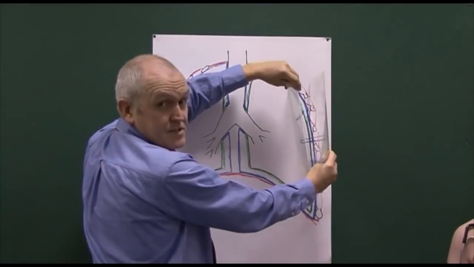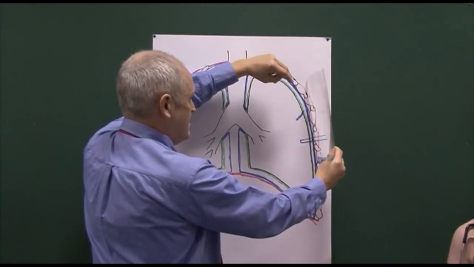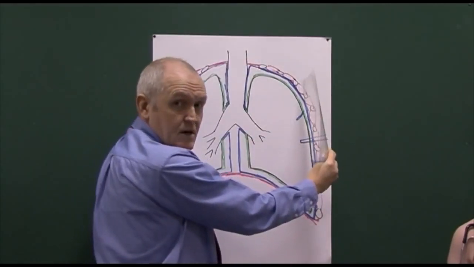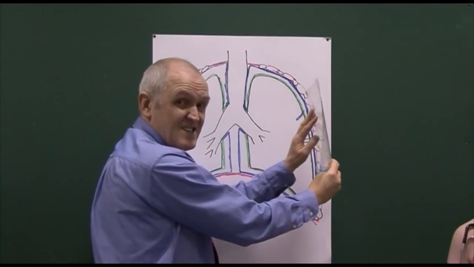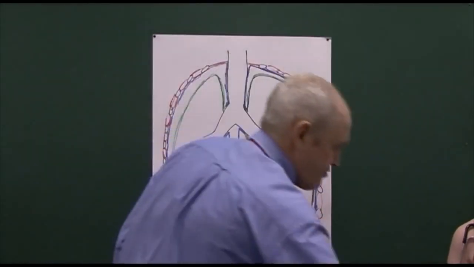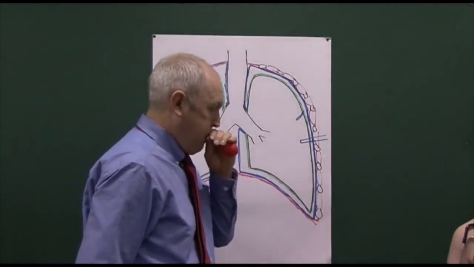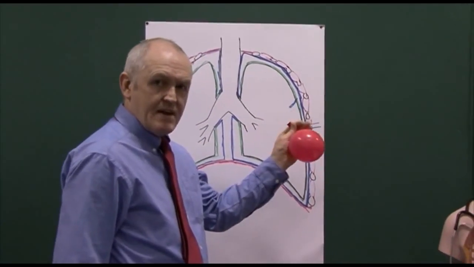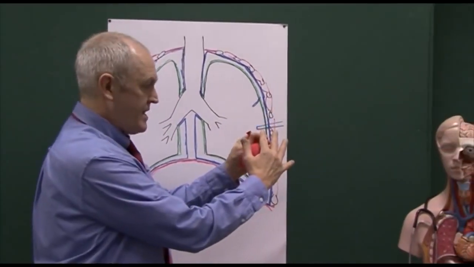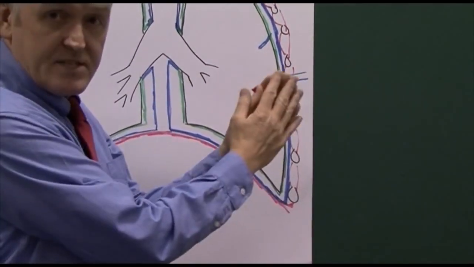So let's see what happens to the visceral pleural membrane. Oh, well it's gone now, hasn't it? Because there's nothing holding it onto the parietal pleural membrane. And what this means in practice is the lung will collapse. So the alveoli that did have air in them, they're no longer being held out, therefore they'll just collapse.